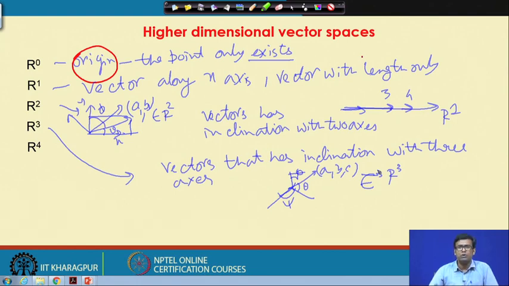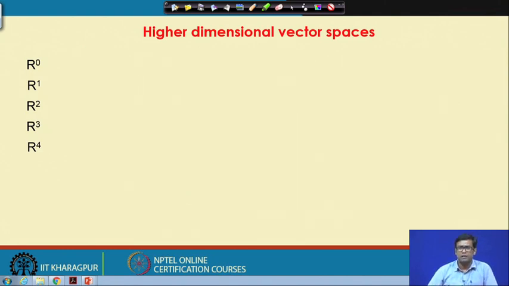Now, anything belonging to R 2 has 2 components, anything belonging to R 3 has 3 components, anything belonging to R 4 should have 4 components. And how will it be? How to perceive a vector which is a member of a 4-dimensional real coordinate space, or what can a 4-dimensional real coordinate space be?